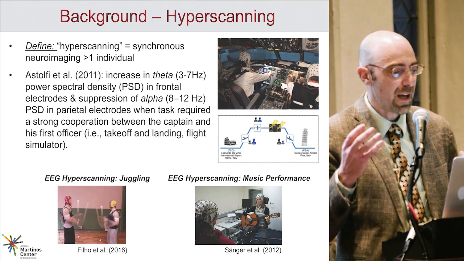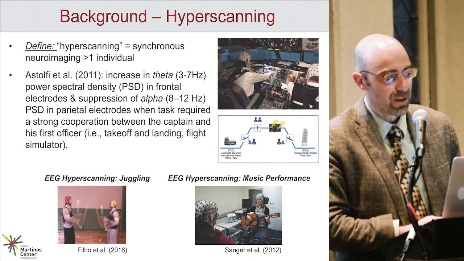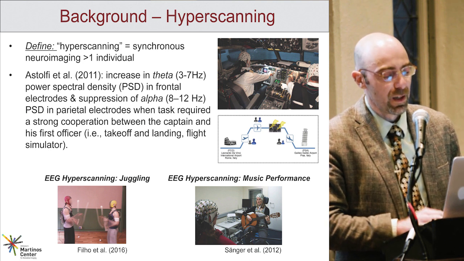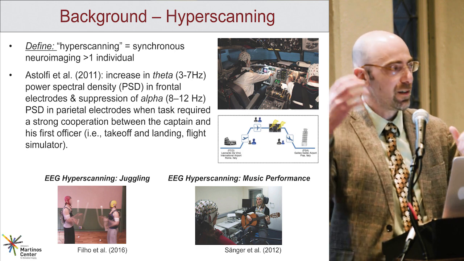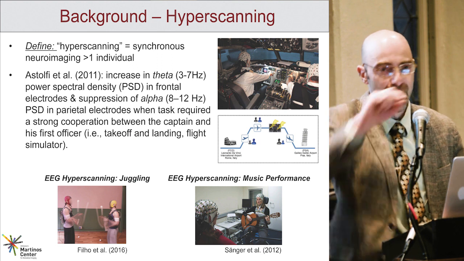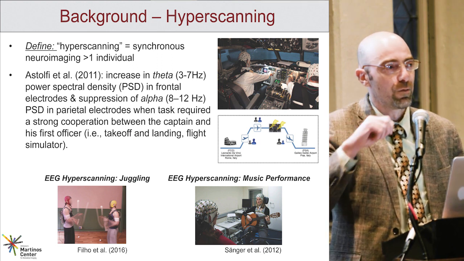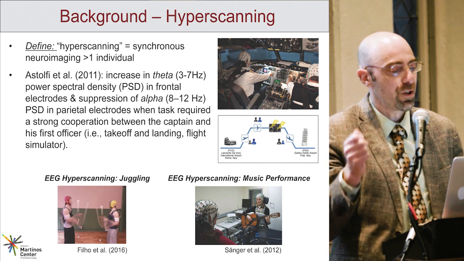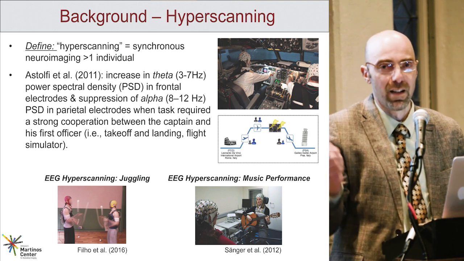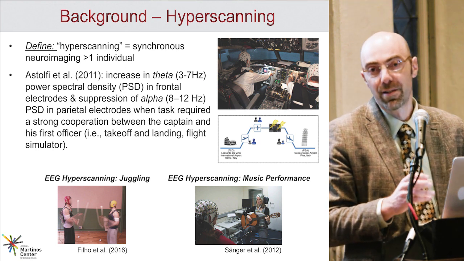They would outfit them with EEG caps, and they had them take off in Rome, go up to altitude, and then land again in Pisa, and they measured their brain concordance. How does the brain of the pilot and the co-pilot interact with one another as they're going through these steps? And they found that there was concordance, especially during really difficult portions of the takeoff and the landing. So when they really had to work together, that's when the brain concordance was greatest.